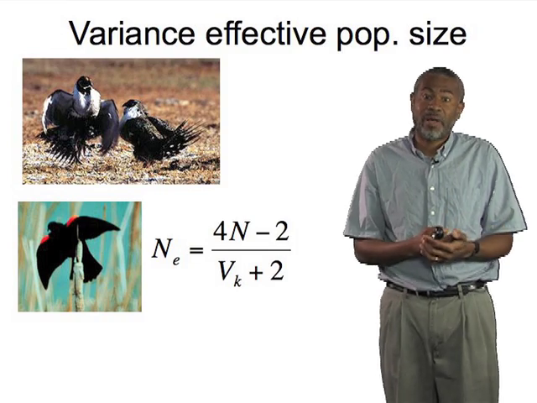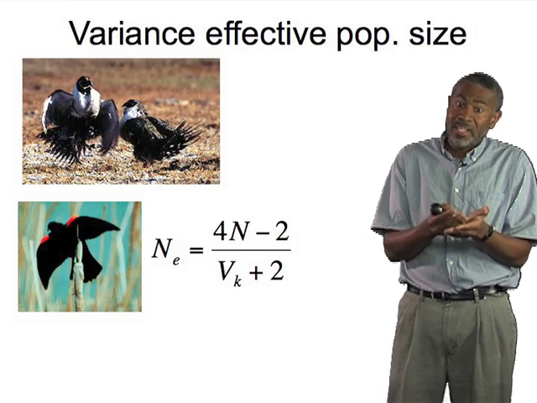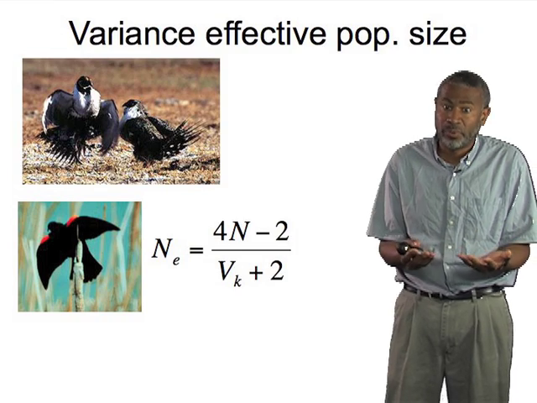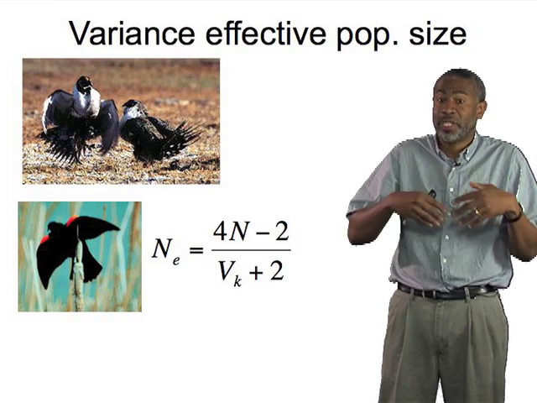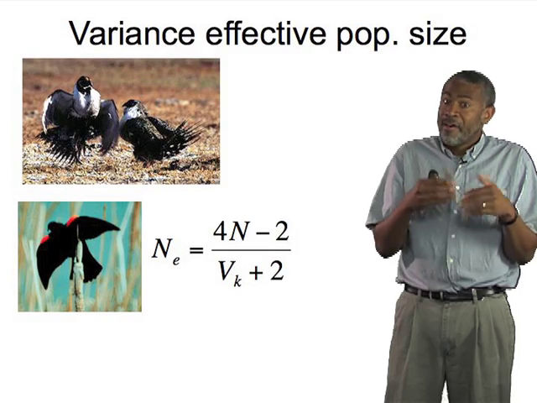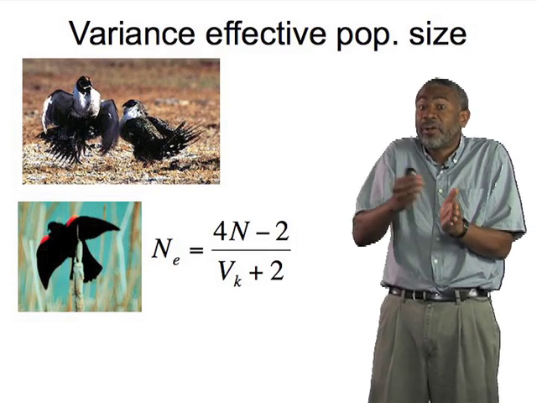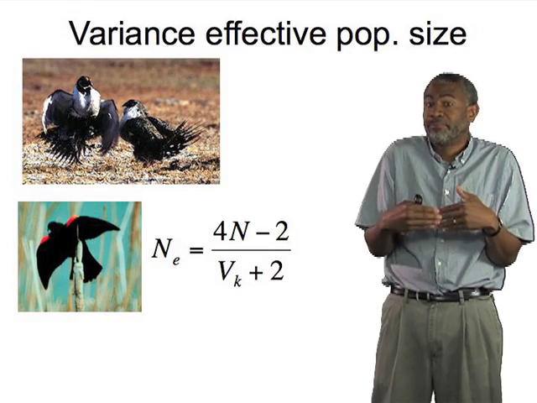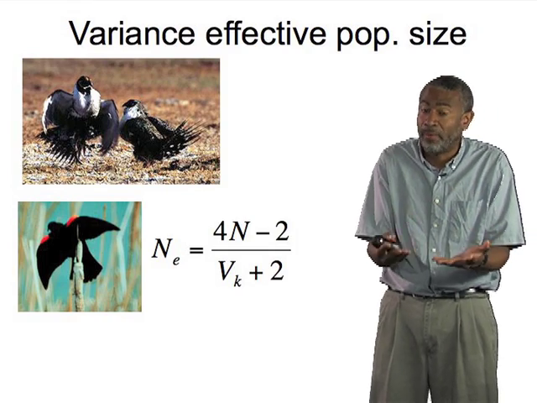In this effective population size, N is now our number of breeding individuals in the population, okay? Could be our census size. V sub k is the variance in the number of matings, for example, per individual or per male.